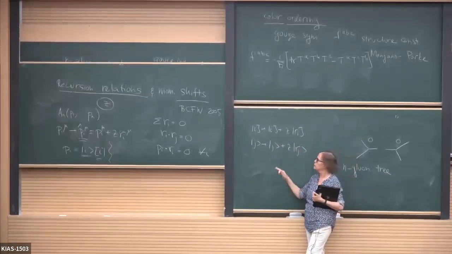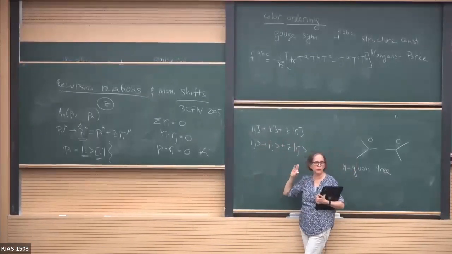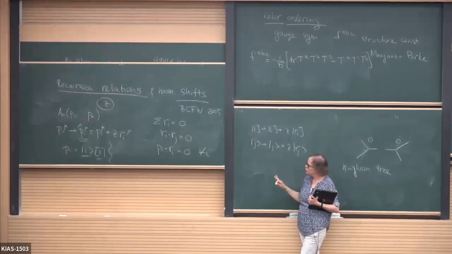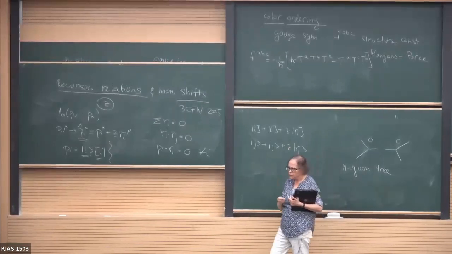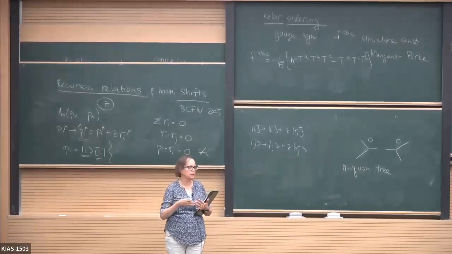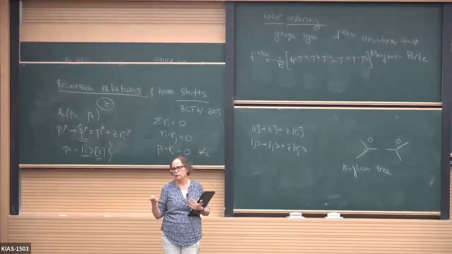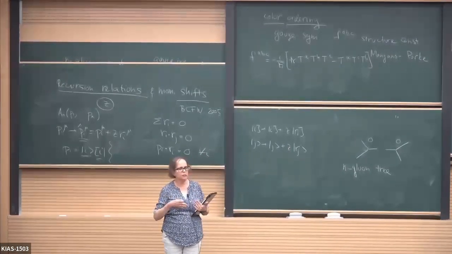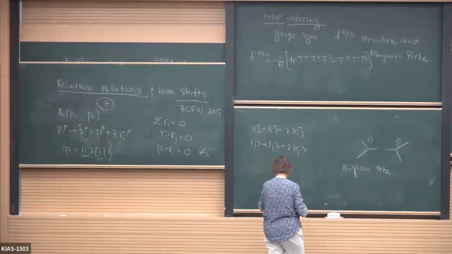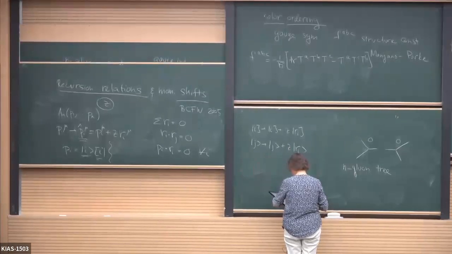So these are sometimes called holomorphic and anti-holomorphic shifts, because it's just the holomorphic or anti-holomorphic spinors that change. What kind of shift you want to do is something that you need to determine on a case-by-case basis. Different shifts are going to work for different problems. Okay, but that's the idea.